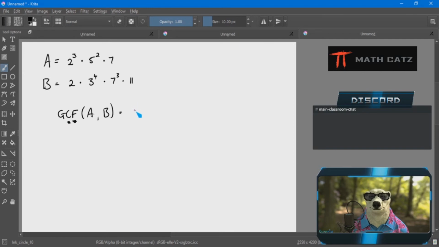So in order to fit into A and B, I'm going to have 2, 5, and 7 to fit into A. To fit into B, I'm going to have 2s, 3s, 7s, and 11s. Needs to fit into both.